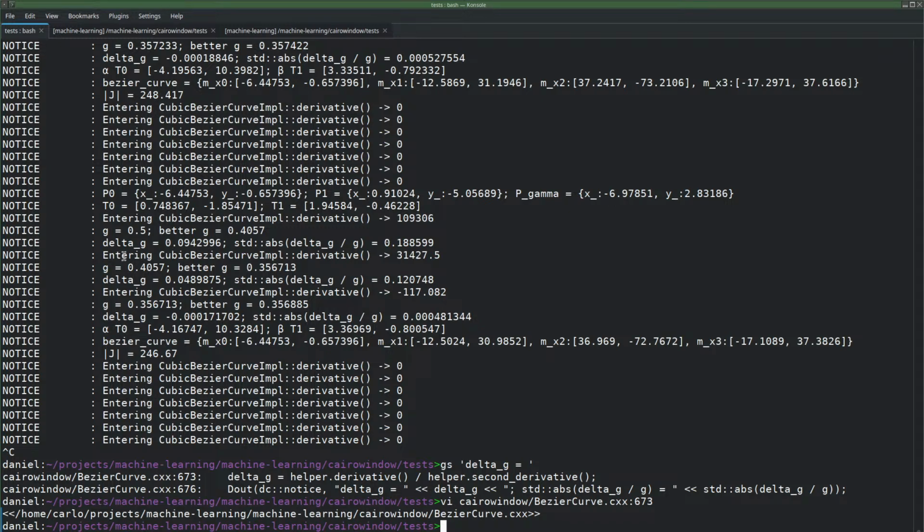Oh, it is being printed. Okay, never mind. I was completely not seeing that it was being called. It is called. Well, in that case, we are now interested in why this returns 0.